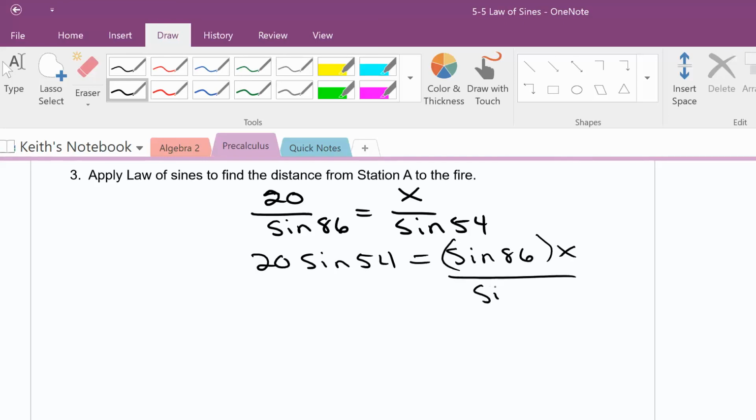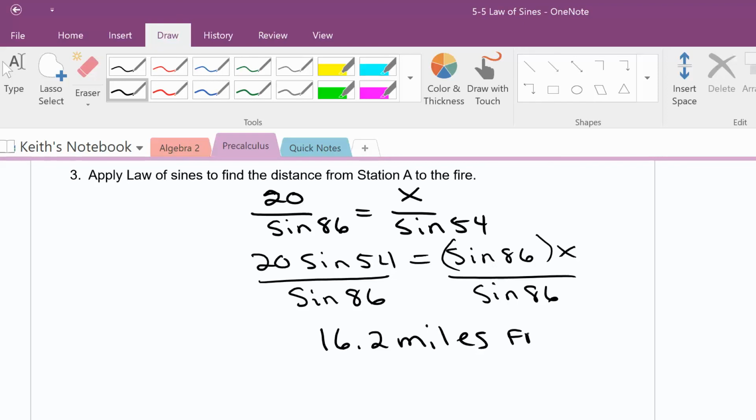Then you divide. So when we go 20 times sine 54 divided by sine 86, we get that the lookout station is 16.2 miles from the fire.